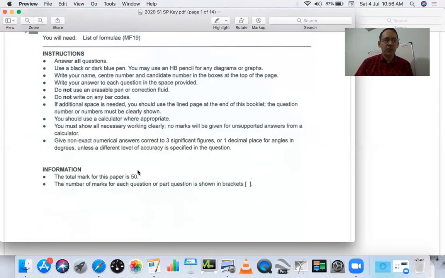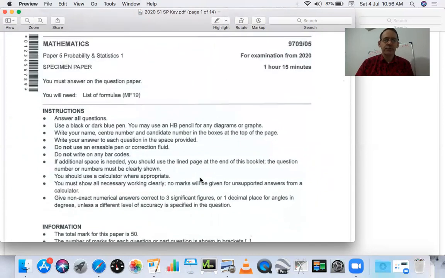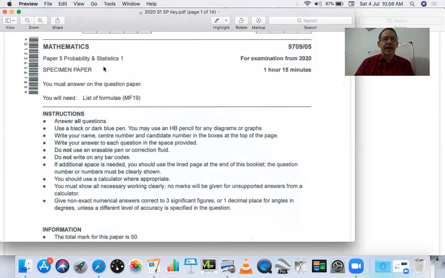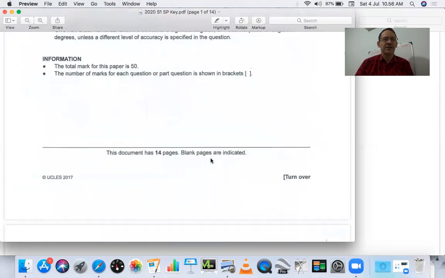And again, the total mark for the paper is 50. So there's not as much of a change for the statistics. There was a little bit more of a change for the pure maths 1. So here the time and the point value are still the same, just a different formula sheet that you're working with, and the paper number is now different.